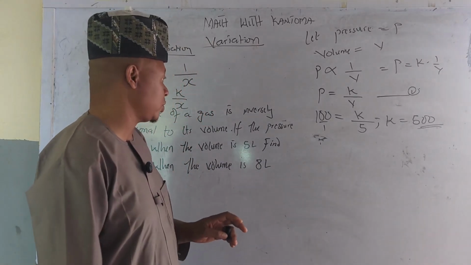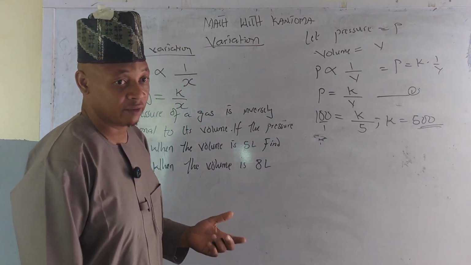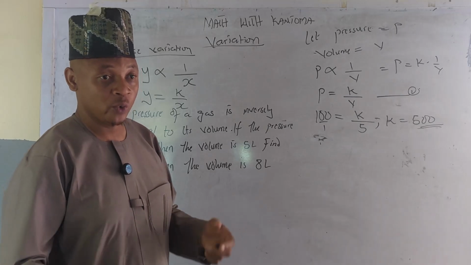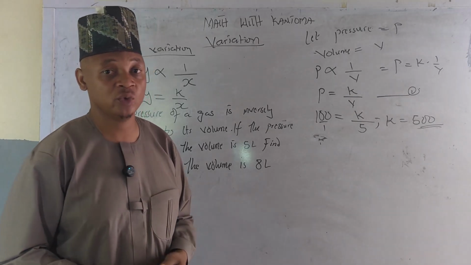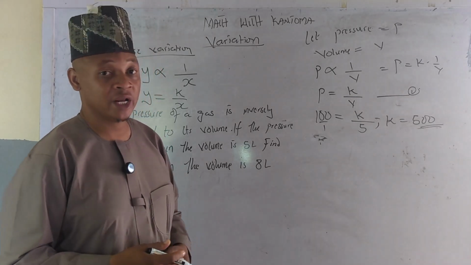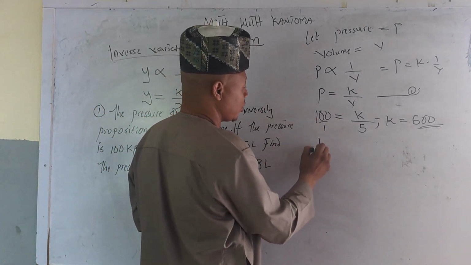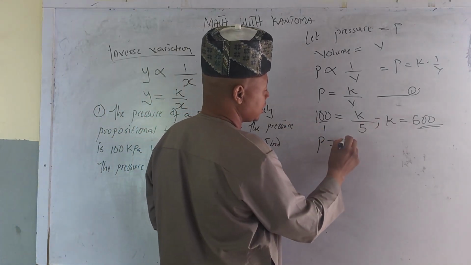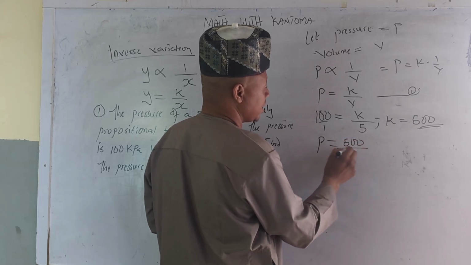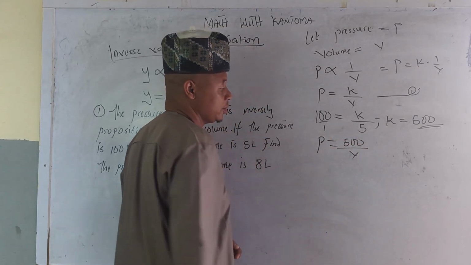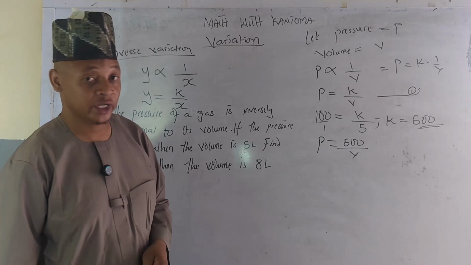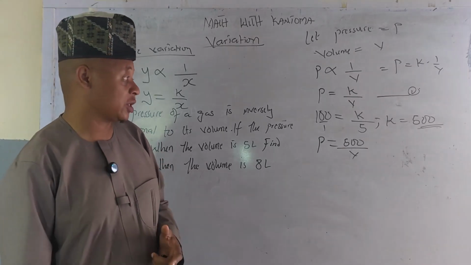So next we are going to substitute the value of k in the equation and find what we are asked to find. Or we can write the equation that represents the situation if the examiner asks us to do that. So the equation that represents the situation is P is equal to k over V, where k is 500. So this is going to be P equals 500 over V. This is the equation that represents the situation.